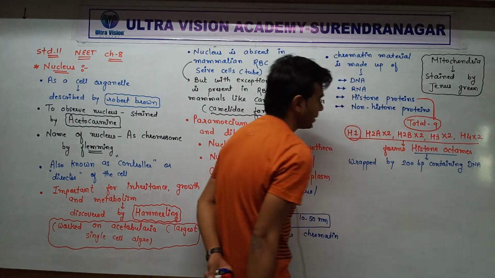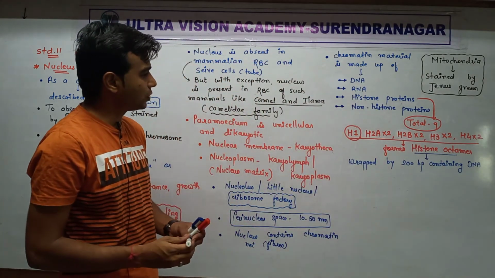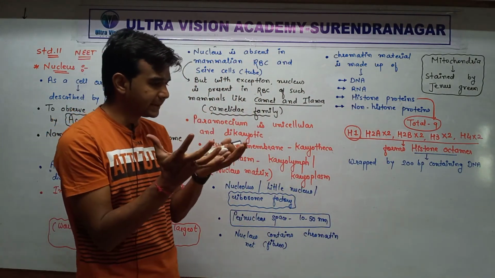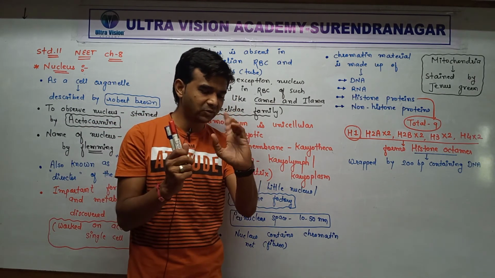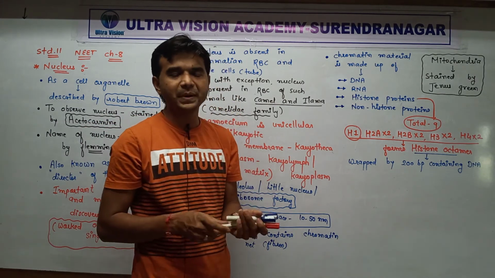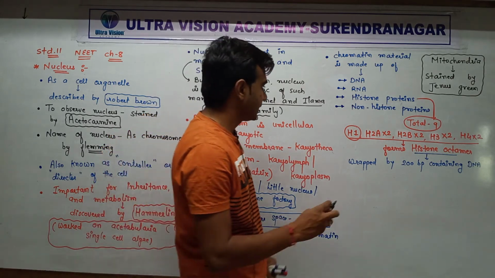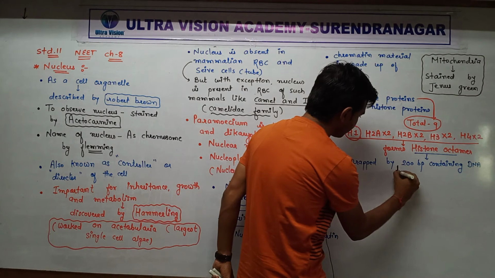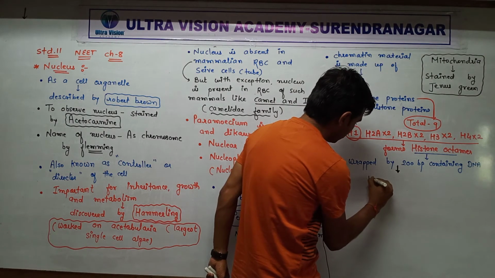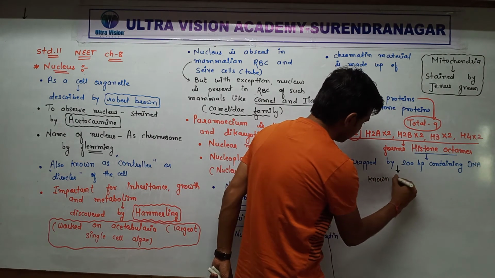So one histone octamer is surrounded by 200 base pair containing DNA. This structure is known as nucleosome.